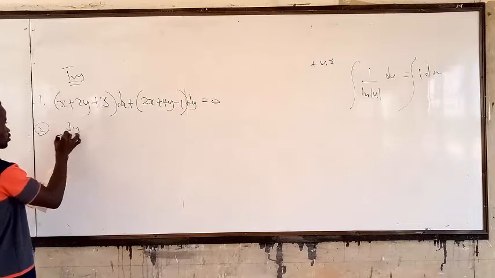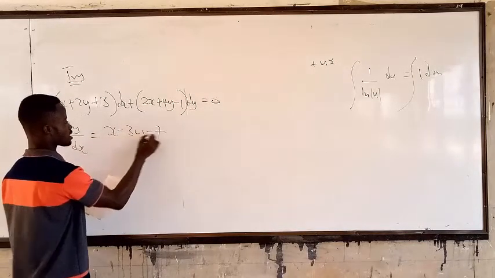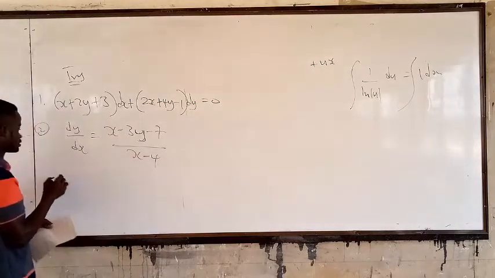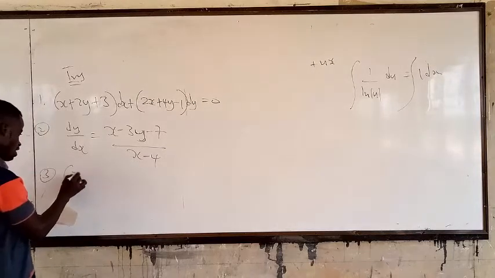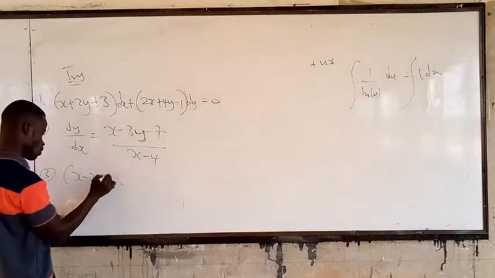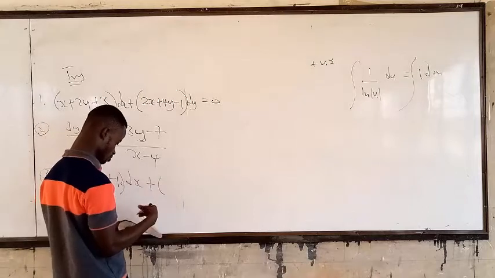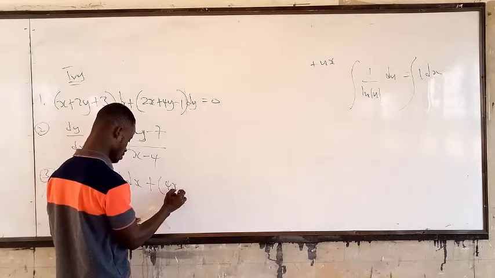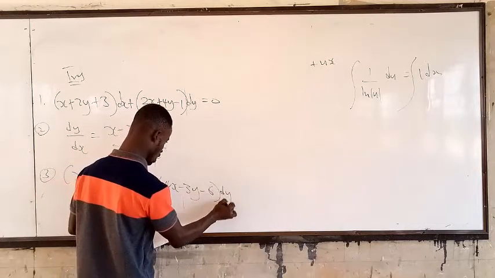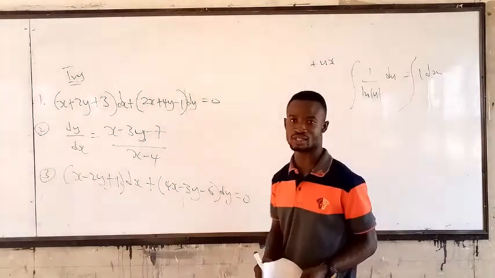Secondly, dy/dx is equal to (x minus 3y minus 7) all over (x minus 4). Go and try on it. 3. (x minus 2y) dx, (x minus 2y plus 1) dx plus (4x minus 3y minus 6) dy is equal to 0. All right, please, I would like you to go and try on these questions.